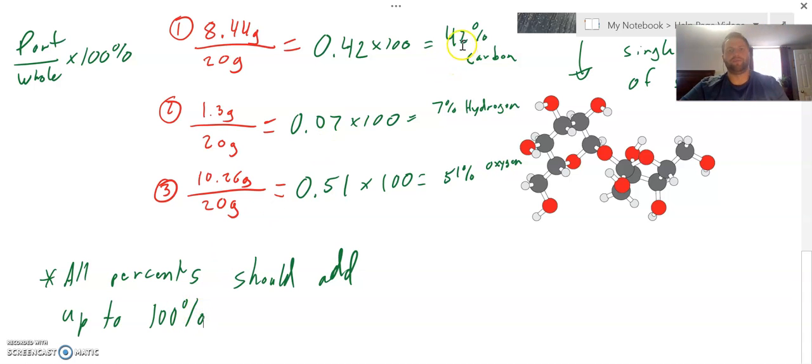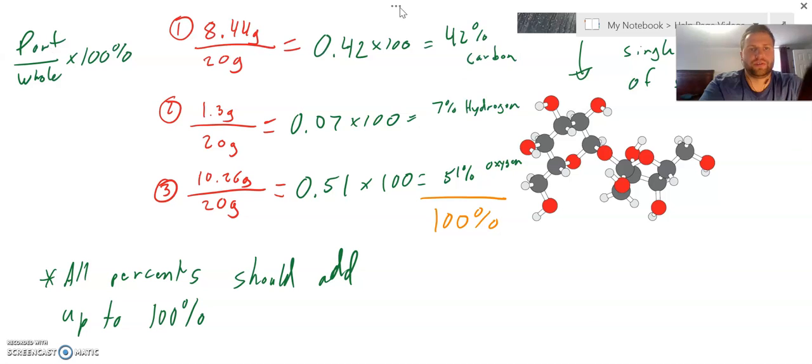So what I should be able to do is add 42 to 7 to 51, and depending on our rounding, we should either be at 100 or very close. So 42 plus 7 plus 51 actually does give us 100%. So again, add your percentages together, and to verify if you did this problem correctly and if your results are accurate, you should be either at or very close to 100%.